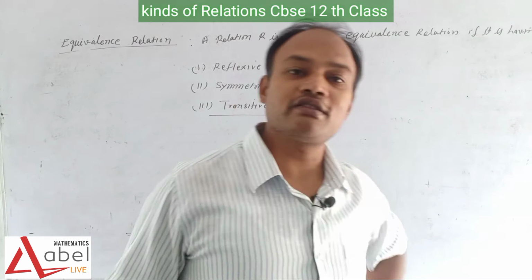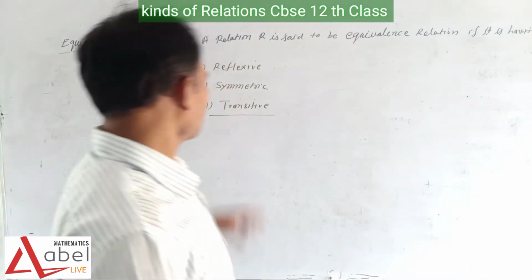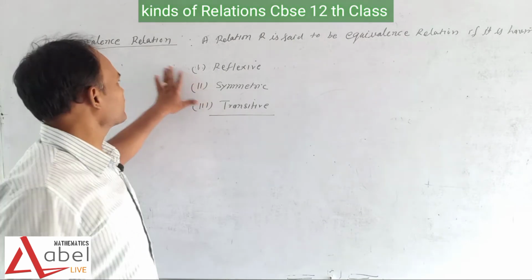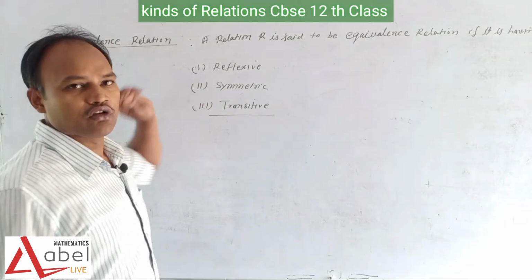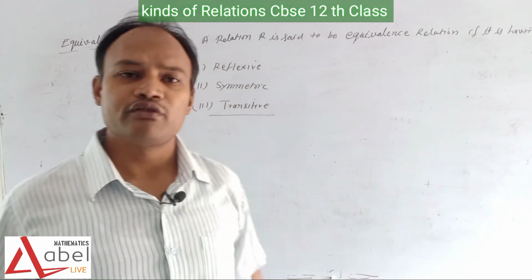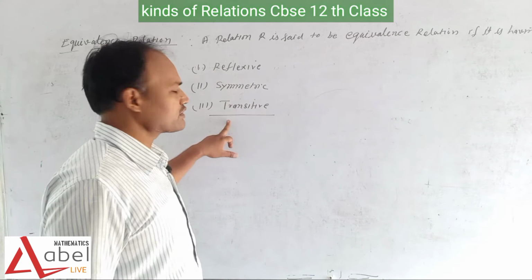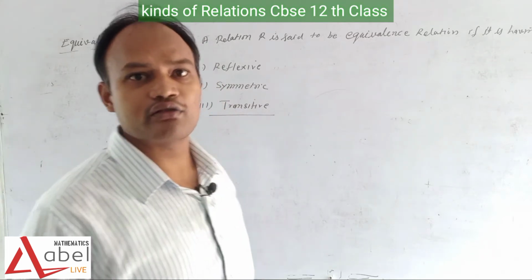If one of them is not found, then it is not an equivalence relation. So it is very necessary to always remember that reflexive, symmetric, transitive, all three things must be found.